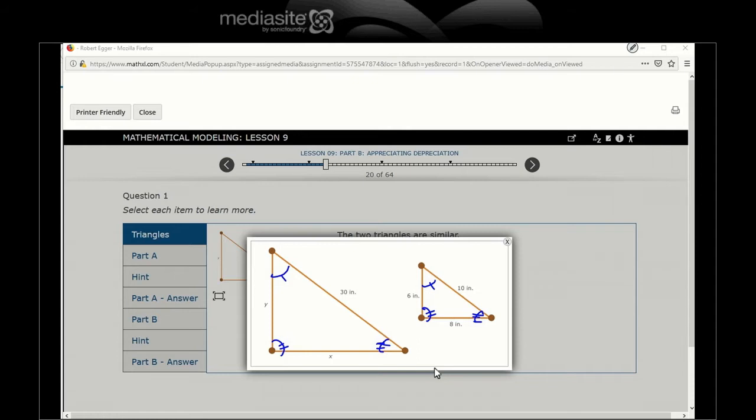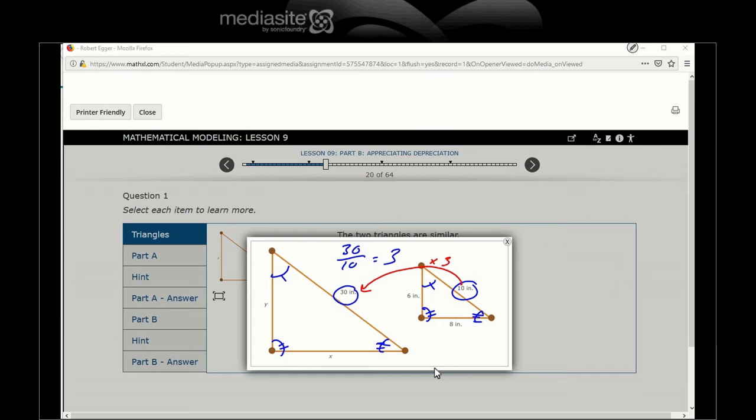I'm going to compare this value with that value. So the ratio between two triangles would be 30 over 10, or basically a factor of 3. So if I take 10 multiplied by 3, that's where I got 30 from.